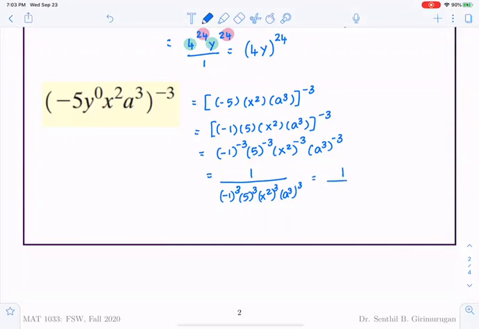Negative 1 raised to an odd number is negative. 5 cubed is 125, x raised 6, and a raised 9. And we could also write this as negative 1 over 125, x raised 6, a raised 9. Either would work.